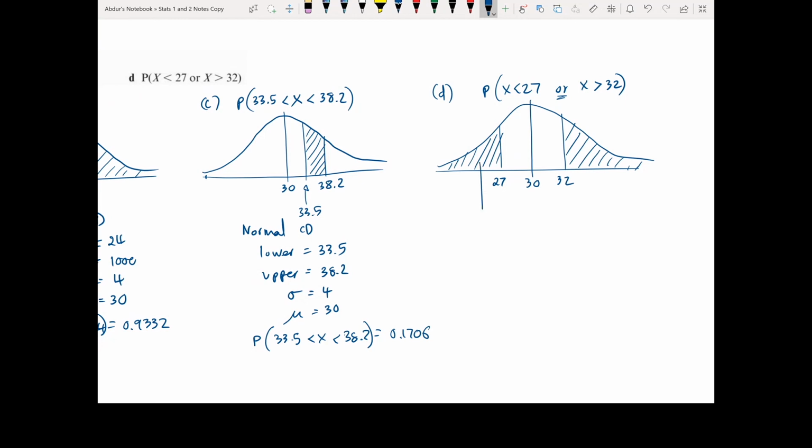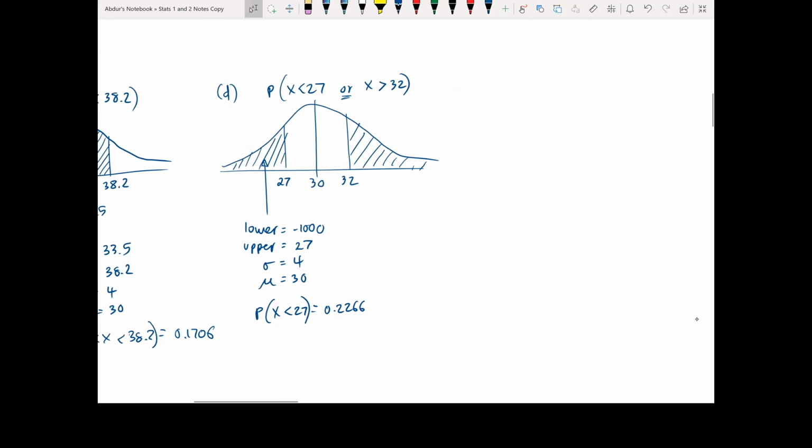So first of all, for this area, we would use a lower value on our normal CD of minus 1,000, because we want to go all the way to the left-hand side. An upper value we're going to use is 27. Our sigma is equal to 4, our mu is equal to 30, and this gives us the probability of x being less than 27 equal to 0.2266.